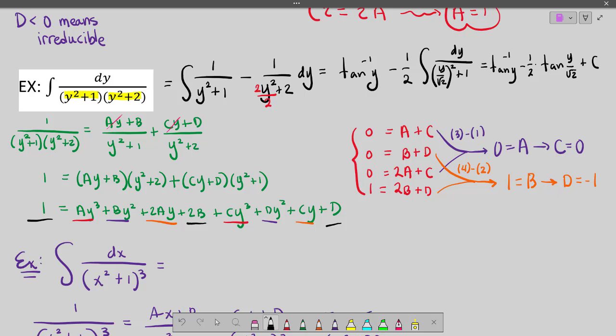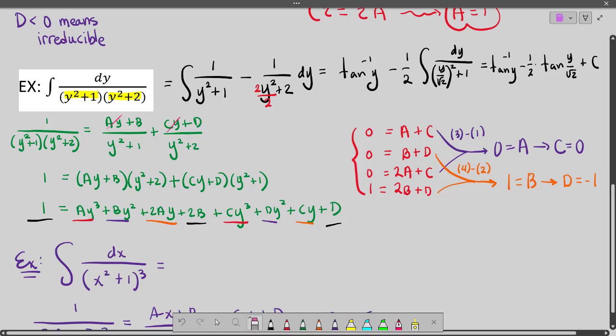And what is the derivative of y over the square root of 2? 1 over square root of 2, and we're dividing by it, so it becomes multiplication by square root of 2. So it's going to put a root 2 in this numerator right here.